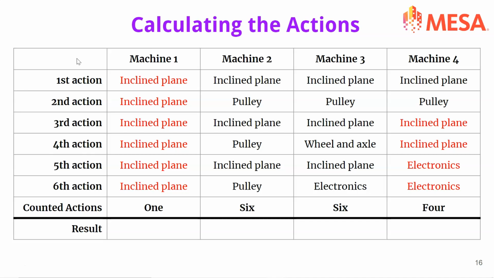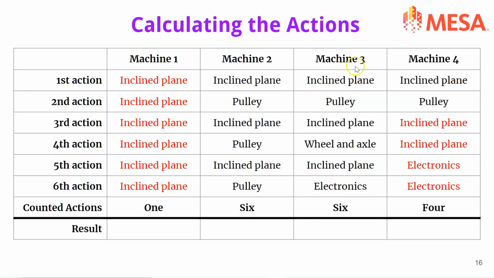So in the first example, because every action is essentially the same as the previous action, the student will only have one action actually count in the competition. In the second example, because the actions are alternating from one category of machine to the next, this student will have a total of 6 actions that count for the student's project.